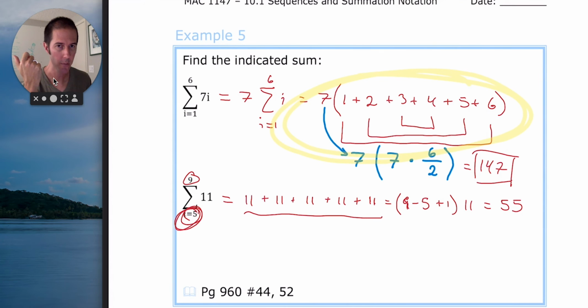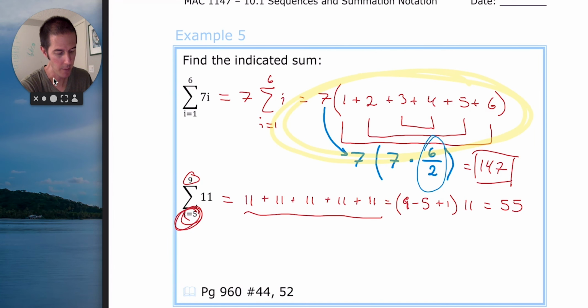How did we figure this out? We took the number of terms that we had in here, which we said was 6 terms, and look where the 6 is. And then we said, now that's how many terms there are. And then we said, how many pairs of terms are there? And we said, well, you take the total number of terms and divide it by 2, and that's how many pairs you're going to have.